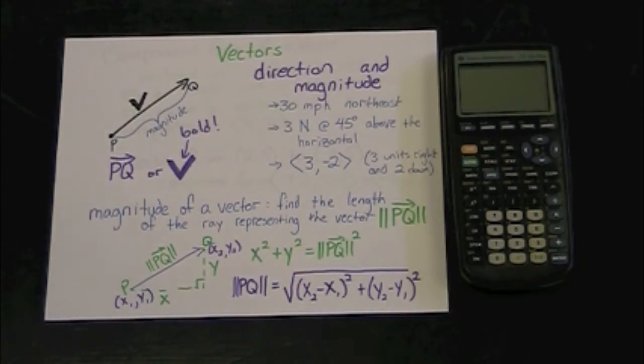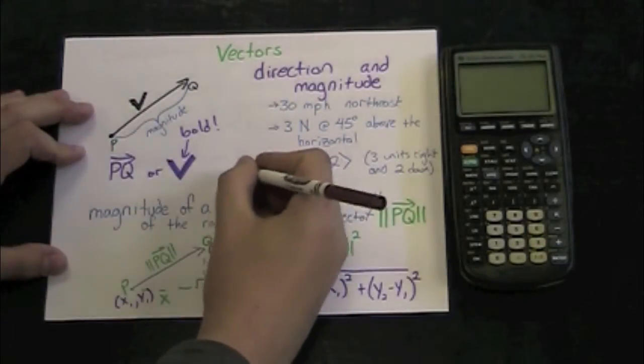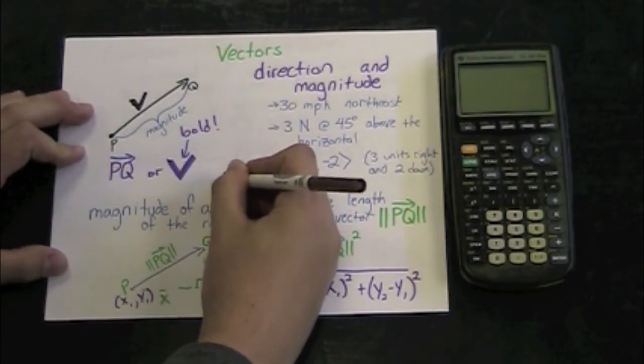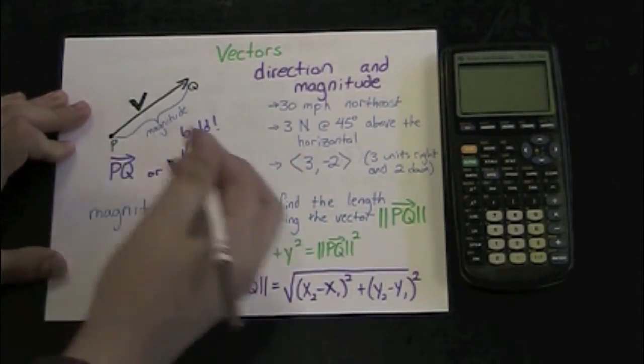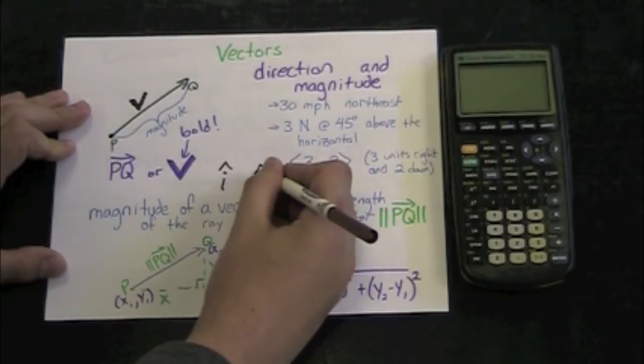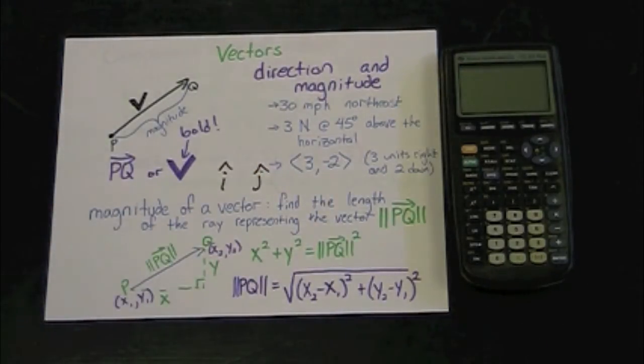Depending on the field, sometimes vectors are also notated as something like this, which we call an I hat or a J hat. And any of these are things that you might see when you're reading a different textbook, whether it's in engineering or in physics or in math about vectors.